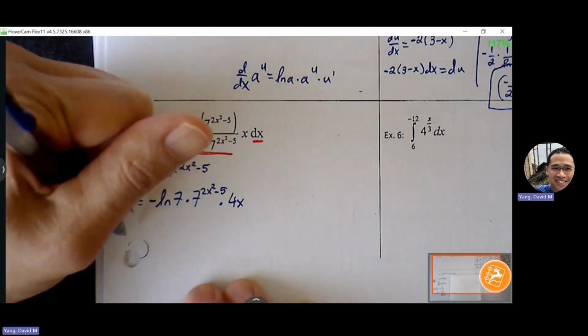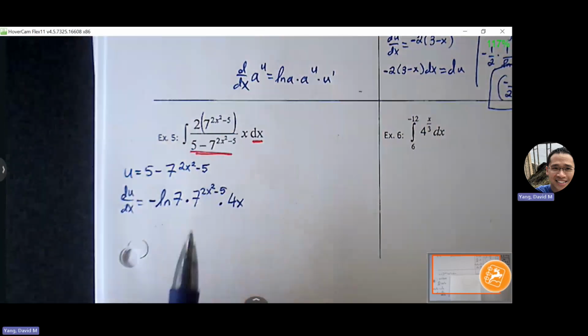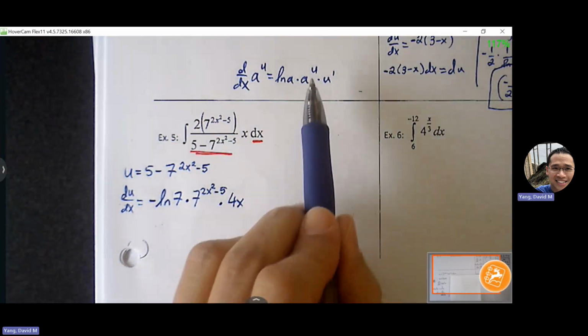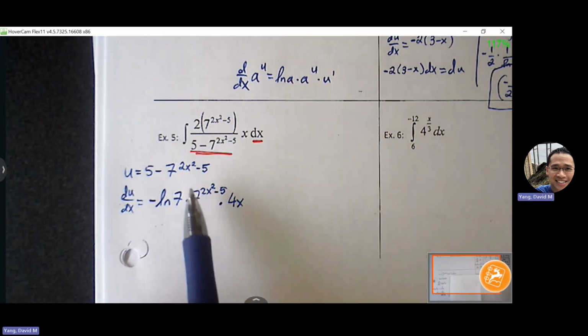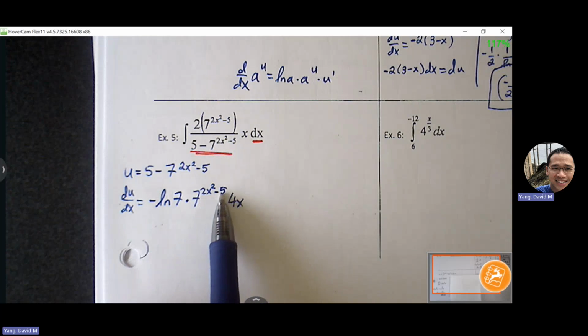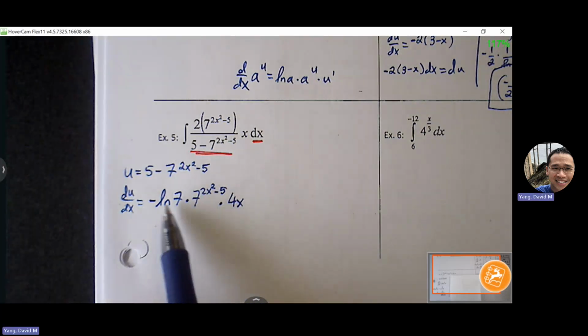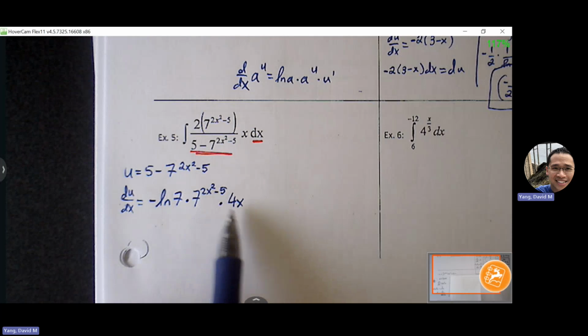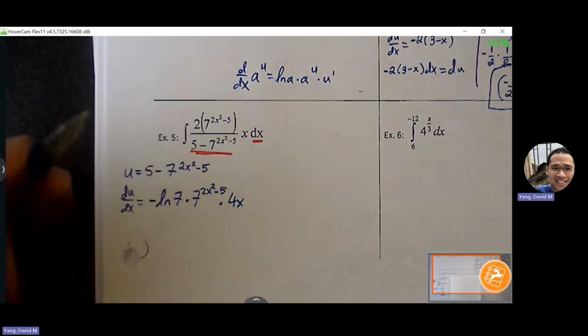Okay, cross multiply. The 4x is the u prime, the exponent's derivative. So 2x squared becomes 4x, negative 5 goes to 0. So here's my natural log of a times a to the u times u prime. Okay, cross multiply here.